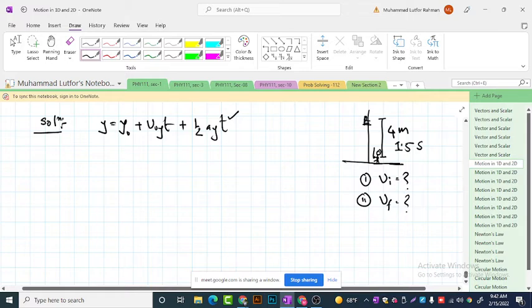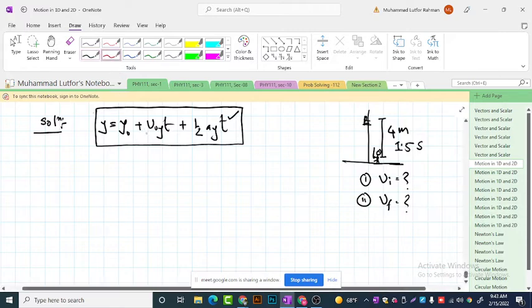Fine. So now this is the equation I'm going to use to solve this problem. The initial velocity would be v naught y, because this is the initial velocity along the y direction.